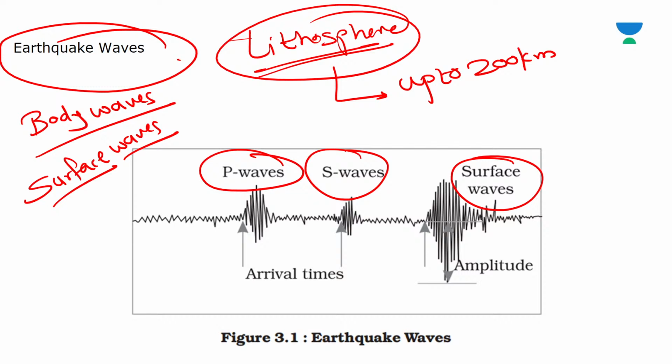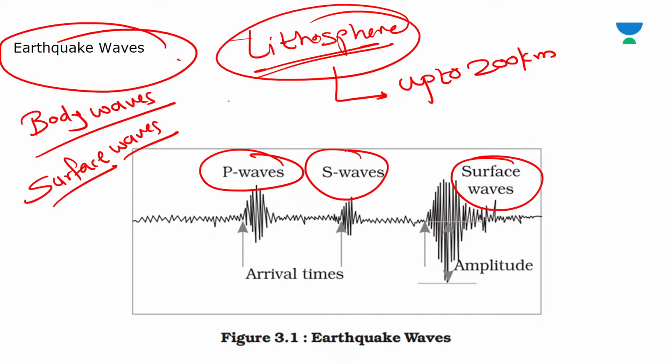Now, see the arrival waves, that is P and S waves, then amplitude and surface waves. So, there are two types of body waves.